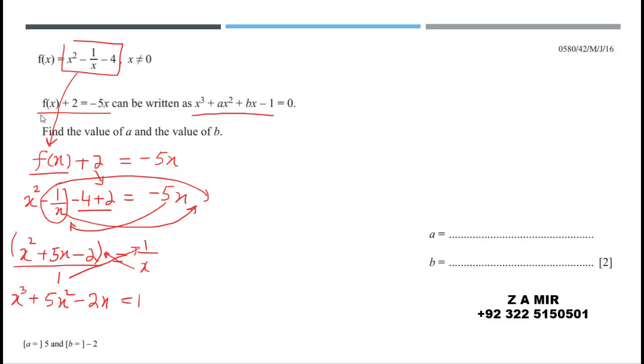Bring everything on the left hand side, so it is x cubed plus 5x squared minus 2x, and this 1 will become minus 1 equal to 0. Now this is a cubic equation. We have converted this into this one. So here ax squared is 5x squared, so a is 5. And then bx is minus 2x, so b is minus 2.